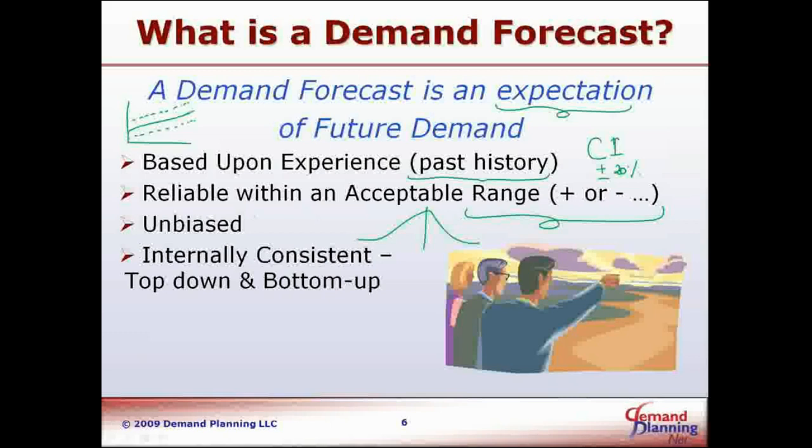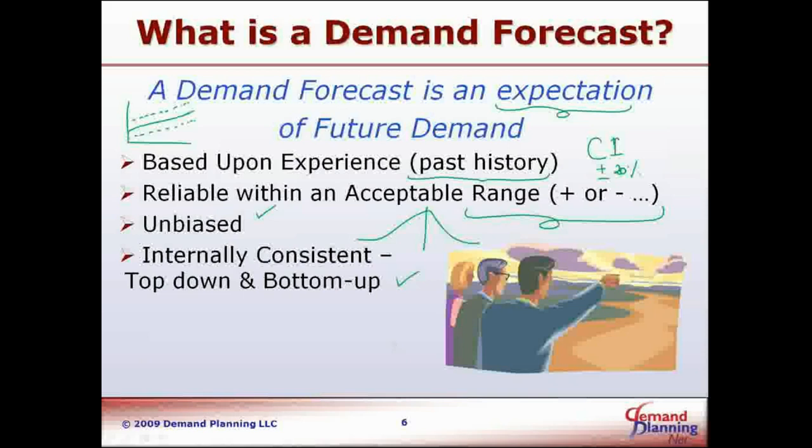We talked about this using a normal curve yesterday, with the forecast, upper limit and lower limit. But if you have a point forecast, then for the confidence interval you can just say it's plus or minus 20% of the forecast.